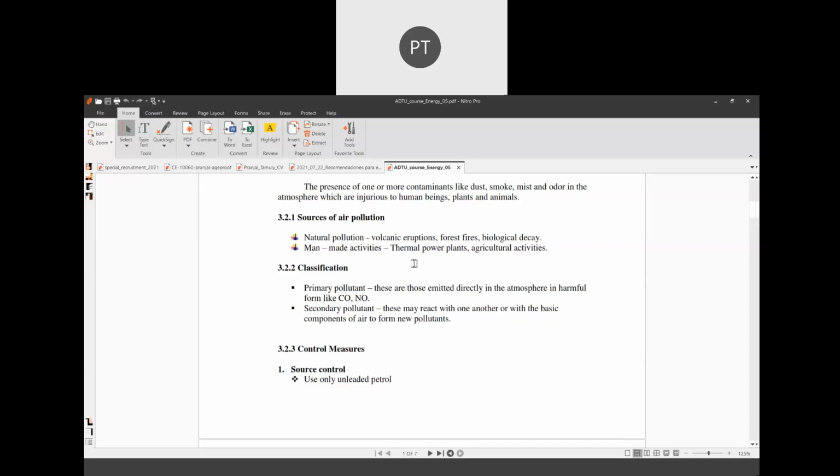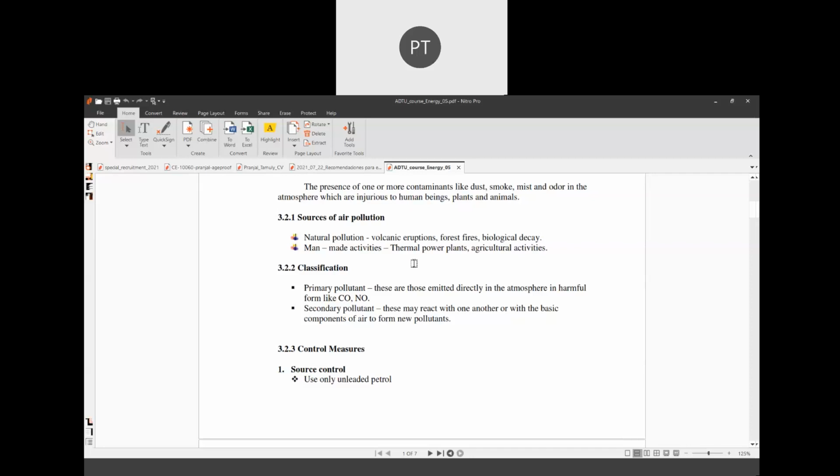Then there are agricultural activities. At the time of harvesting, the waste that remains in the field, like hay or the unwanted parts of crops, is often burned. Because of this, a lot of smoke is produced. This smoke is one of the primary sources of pollution in Delhi and nearby regions.